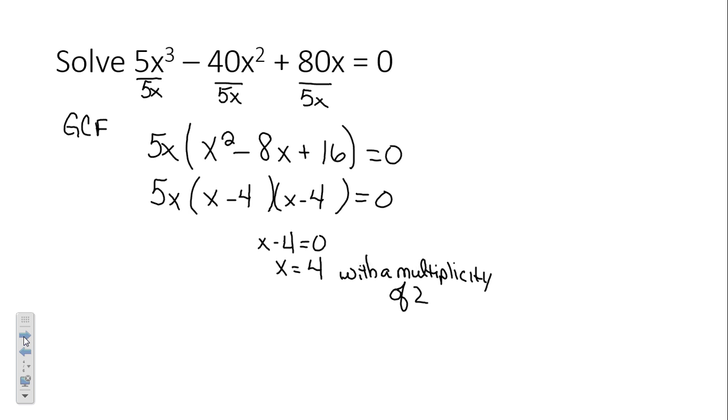What's my other 0? Because there should be 3 of them. Right? Third degree polynomial, right? You told me it should have 3 zeros. What else will make that 0?